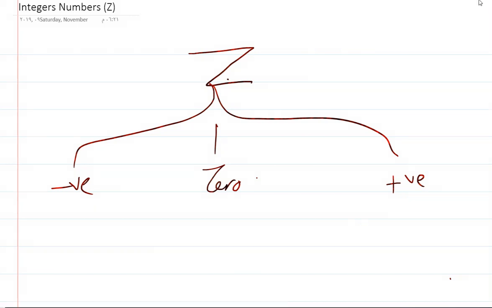If I wanted to represent it by Venn diagrams, how can I represent it? By this way, we can just draw the Venn diagrams and put them as a subset of each other. So I can write here, natural numbers are a subset of integers.